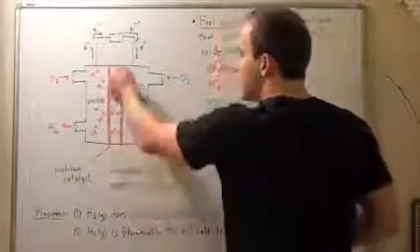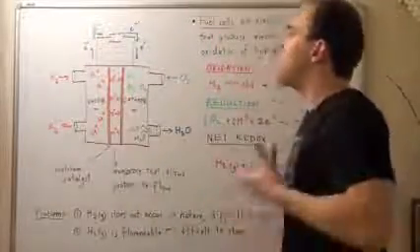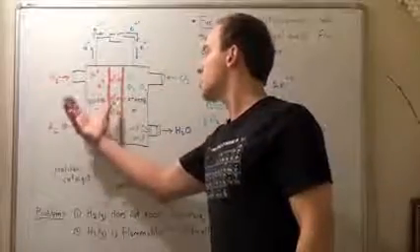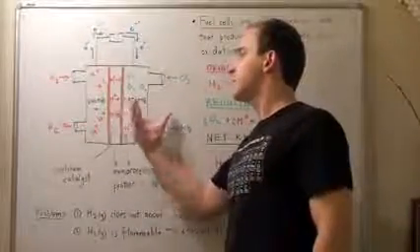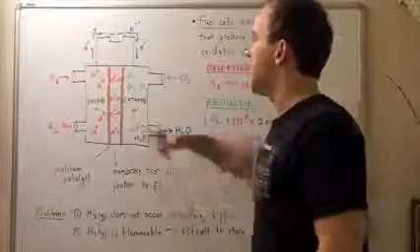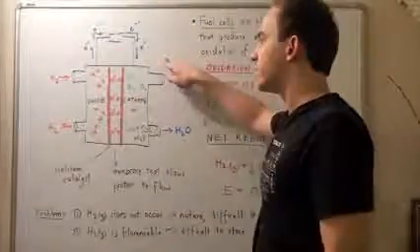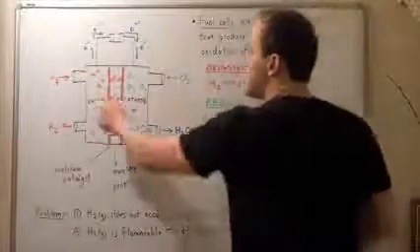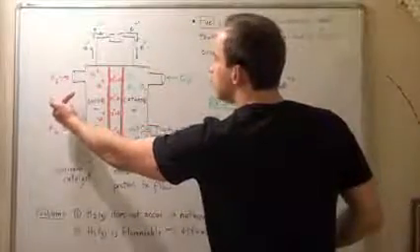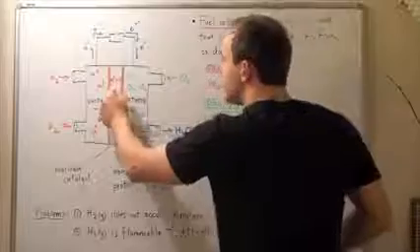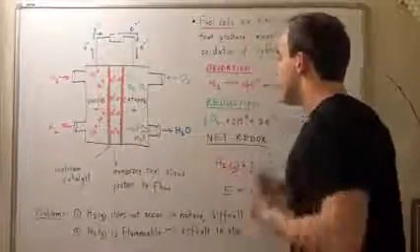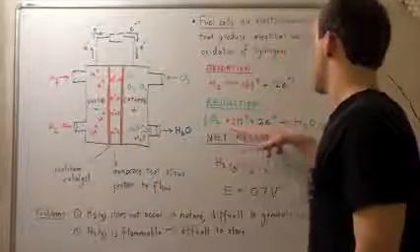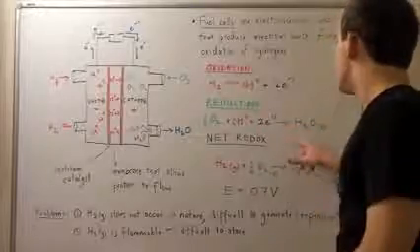Because if this membrane wasn't here, we'd have a buildup of positive charge here and a lack of positive charge there. And then that means our electrons would stop flowing. So to close the circuit, we need this membrane. And so these H+ ions travel from the anode to the cathode. And when they reach this position, they react with the oxygen and the electrons, forming water.